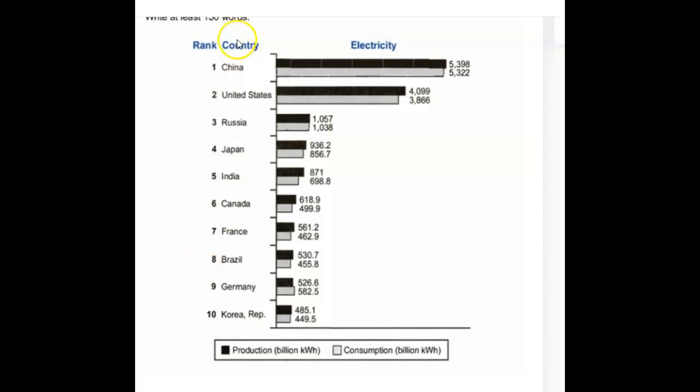Let's say you want to talk about these figures for Russia, which are nearly identical, right? So you could say the figure for production in Russia was nearly identical to that of consumption in the country at this and this.